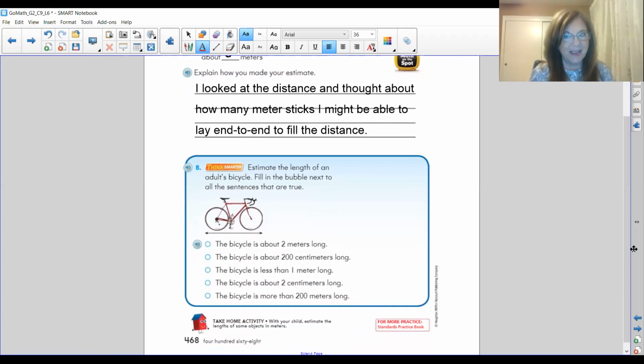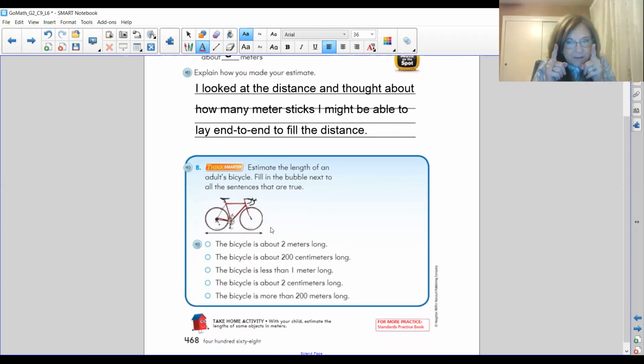Okay, so for number 8, we are going to estimate the length of an adult's bicycle and fill in the bubble next to all the sentences that are true. Now, when it gives you a little picture like this, that may look so tiny to you on your paper.